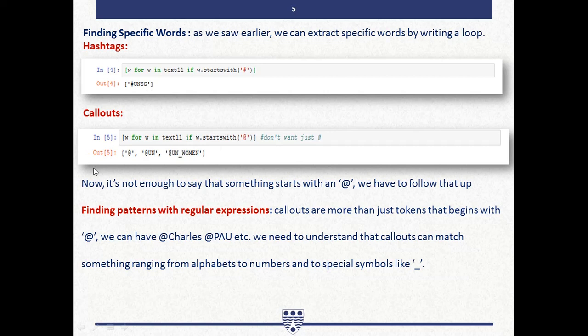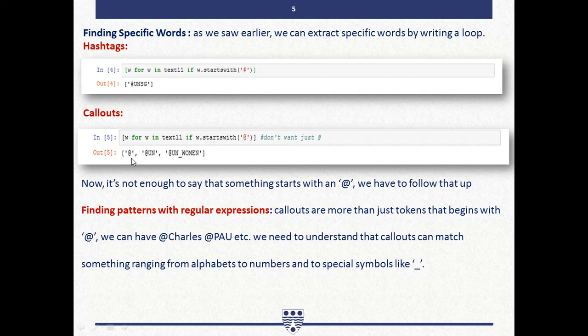Now where the problem lies is if you want to get the callout. You simply follow the same procedure by writing a for loop, list all the words in this variable if the word starts with at. But the problem is you have this result, at standing alone.